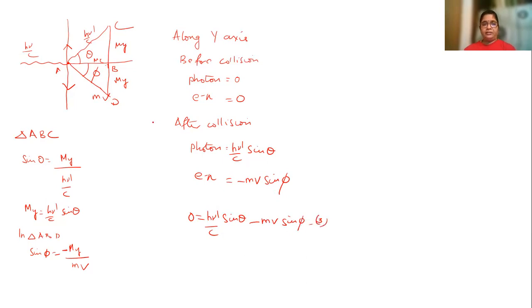Now I am going to bring equation 2 and 3 to the forefront. Let us see what we can do. Let me write equation 2 first. h nu by c is equal to h nu dash by c cos theta plus mv cos phi. This was my equation 2.